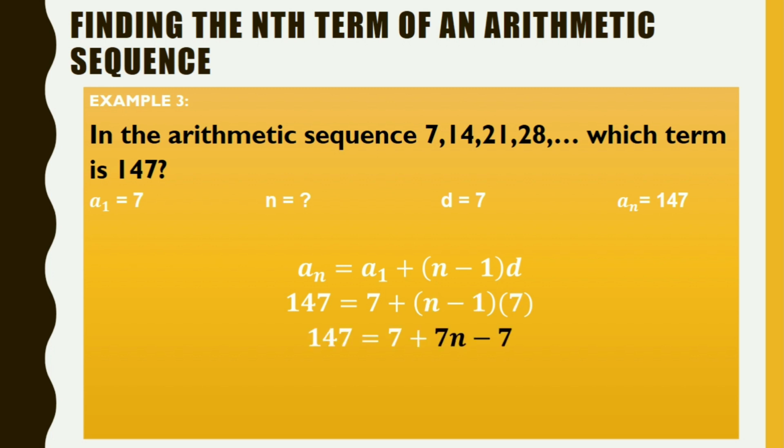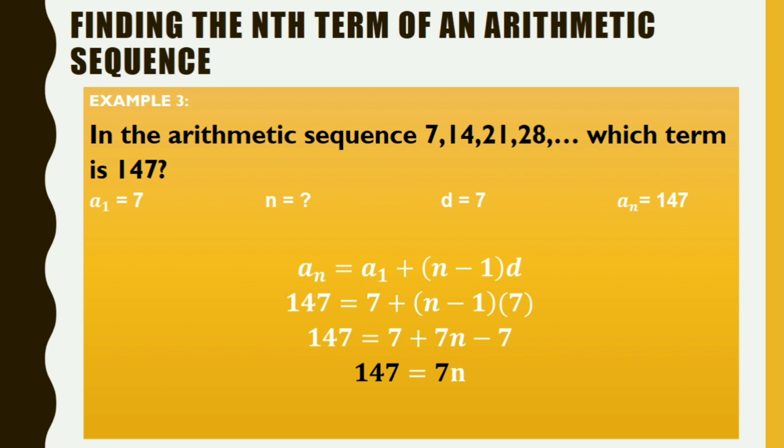Therefore, we have 147 is equal to 7 plus 7n minus 7. Then we will combine like terms. Therefore, 7 minus 7 is equal to 0, which is left. 147 is equal to 7n.